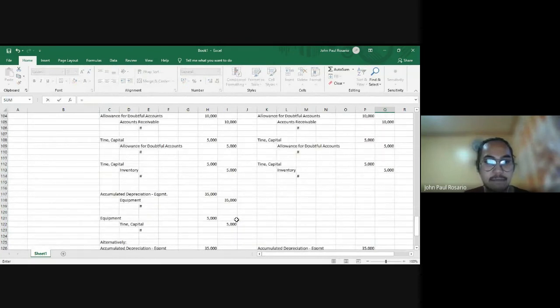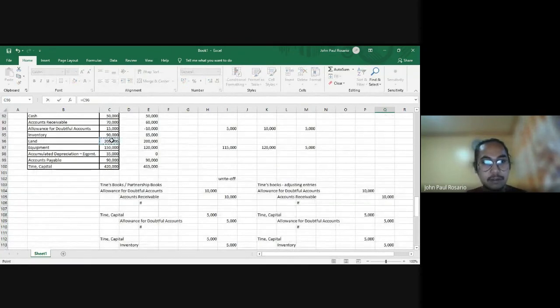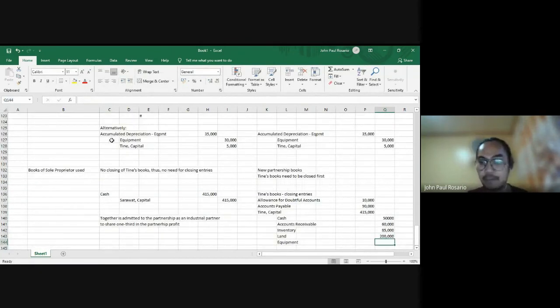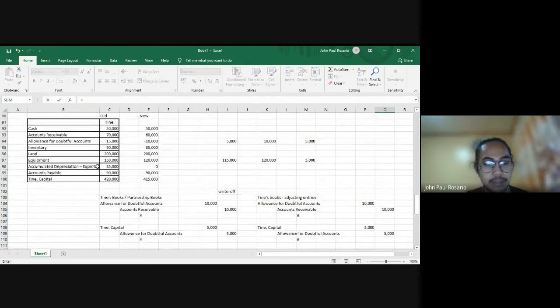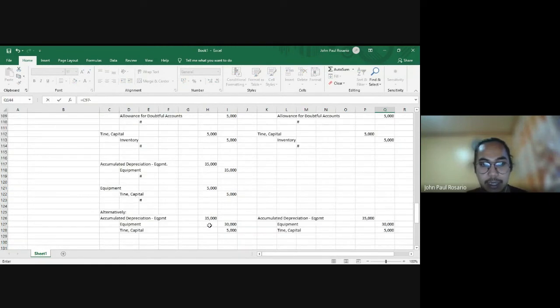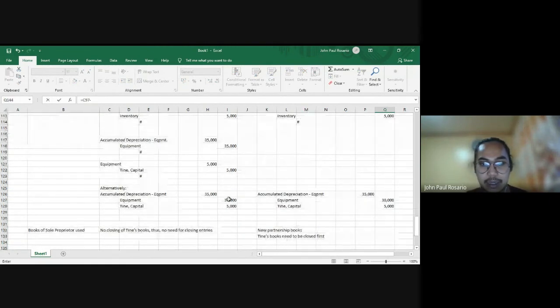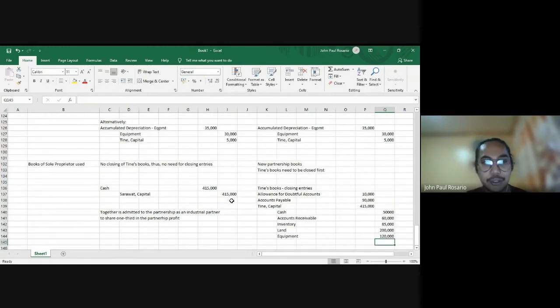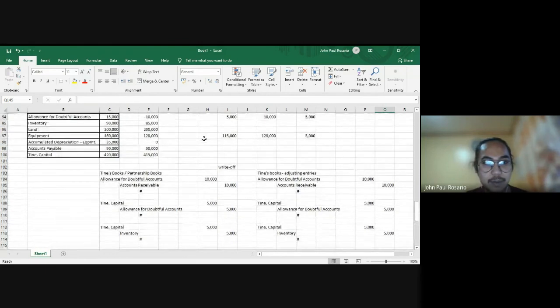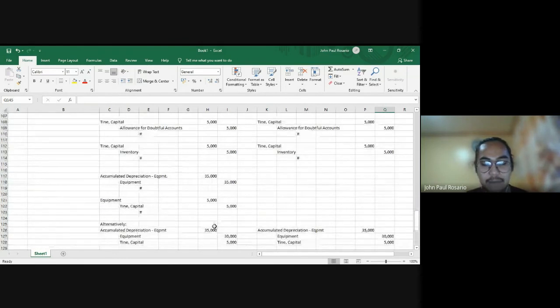Land is at the same value. For your equipment, equipment is 150, makuhaan siya ng 30, so 120. And for your accumulated depreciation, hindi na siya mabutang because 35 nakuhaan ng 35 will be 0.